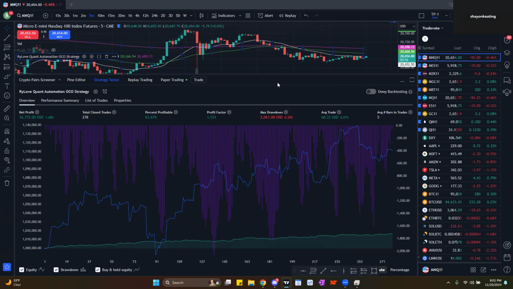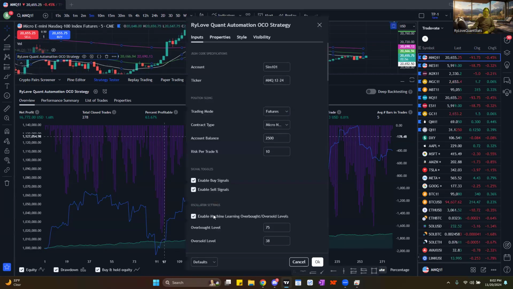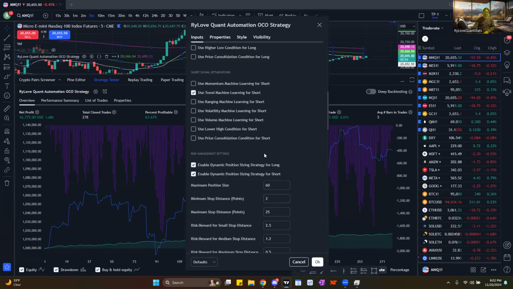Have you run this on Bitcoin yet? I haven't, because Bitcoin only does micros and you have to buy 10 micros for it to be one full contract, and you can't buy a full one anyway, the fees are too outrageous, especially with these dynamic position sizing strategies.